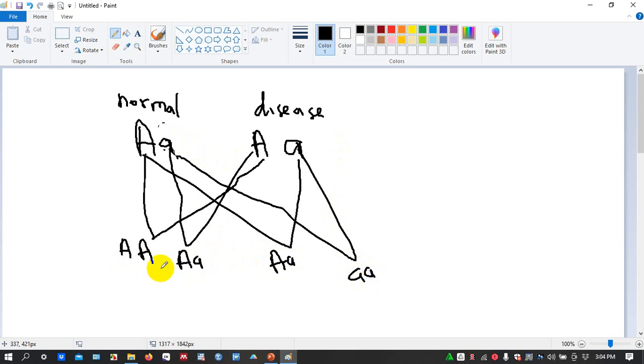So this one is what? 50%. That's 2 out of 4, which is 50%. That's the prevalence. This is 25% because the capital A is only 1. Then the disease is what? 25%.